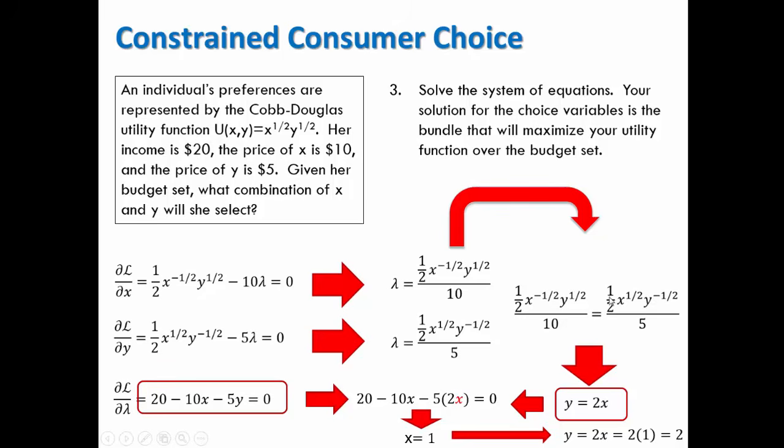Likewise, on the right-hand side, the numerator is exactly MUy, and the denominator is p of y, and so the right-hand side is MUy divided by p of y, or the bang per buck on y. What this method of solving the system of equations gives us is that at the optimum, consumers get equal bang per buck from goods X and Y.